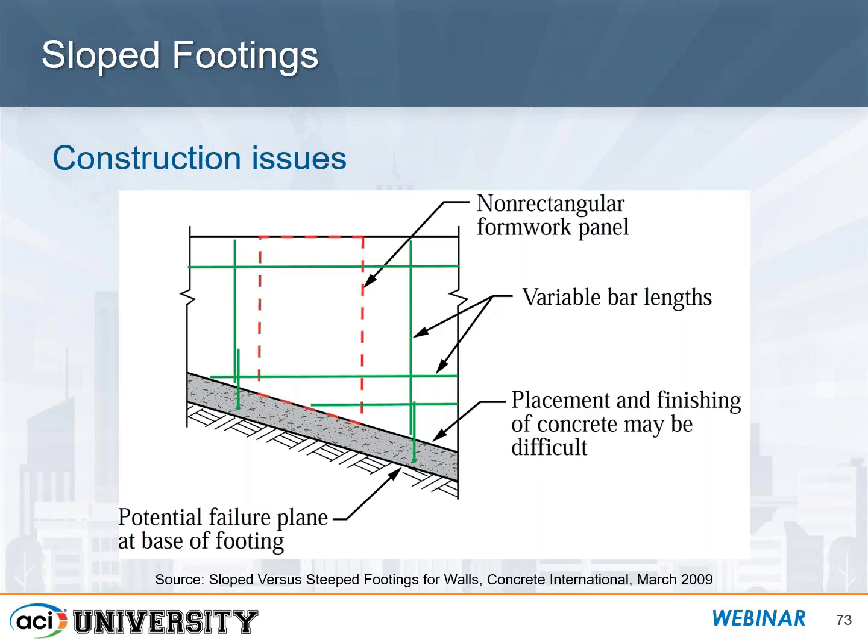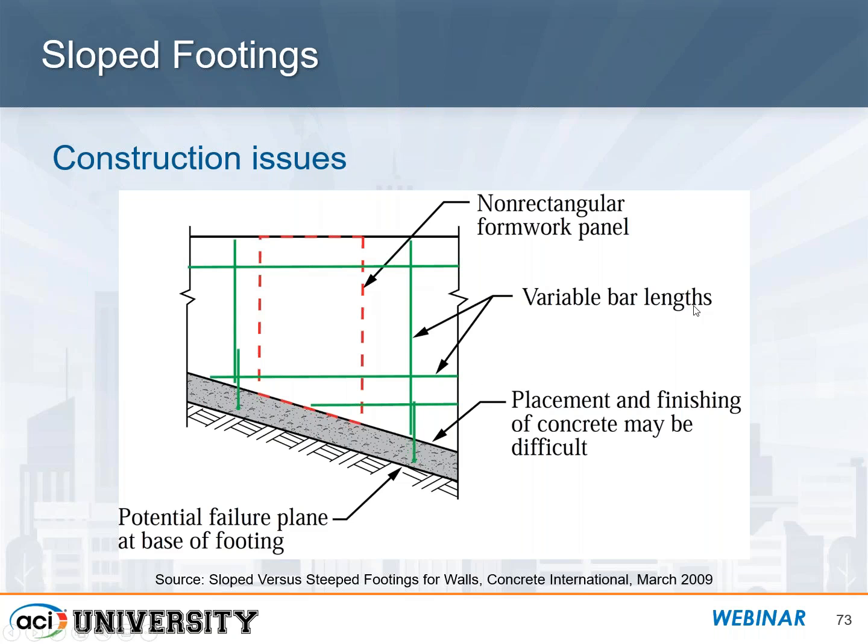Sloped footings. There are a lot of construction issues that you might run across with a sloped footing as opposed to a stepped footing. First of all, you're going to have a trapezoidal shape for the formwork, and that's certainly not standard, so that's a cost right there. You're going to have variable bar lengths.